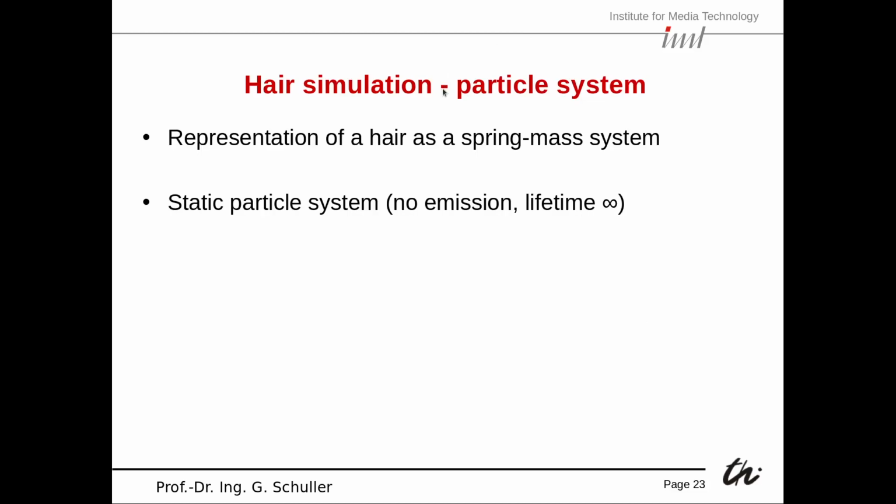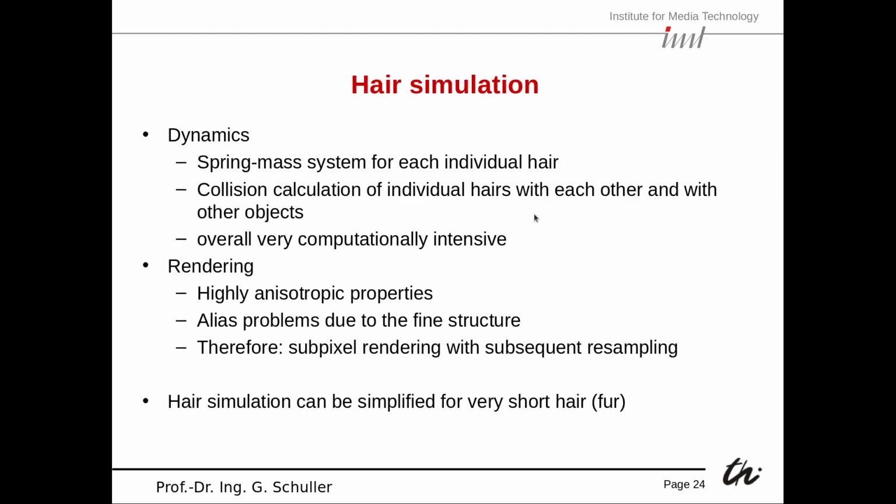And you can also simulate it as a particle system. Here we represent the hair as a spring mass system, and we have a static particle system, which means we have no emission and lifetime is infinite. And we also have dynamics.